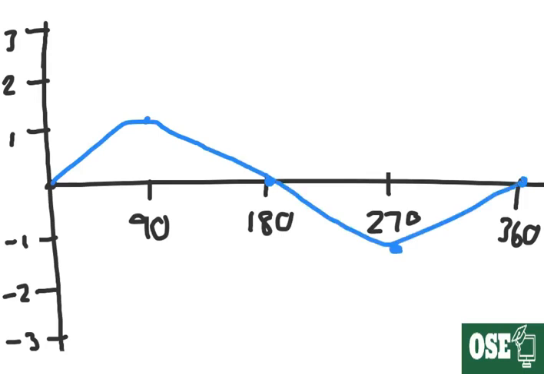And then now, if we have sine theta plus 2, it's going to look like this.